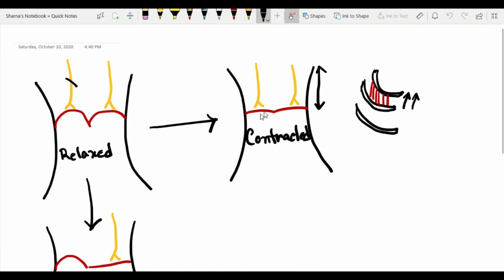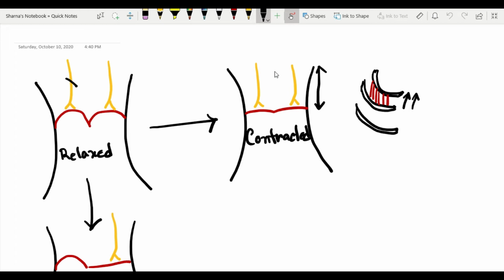So the contraction of the diaphragm increases the vertical diameter of the thorax, and when the accessory muscles of respiration like the intercostal muscles and splenius act, they increase the anterior-posterior and transverse diameters of the thorax. So overall the volume of the thorax increases, so they get more space so that they can accommodate more air.